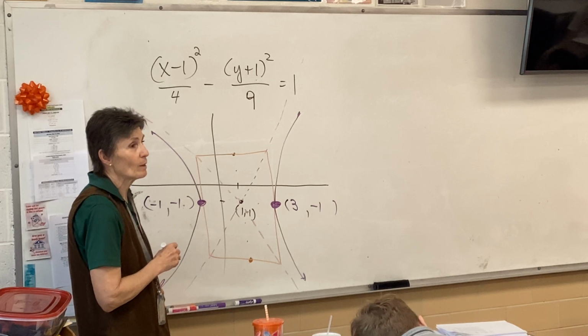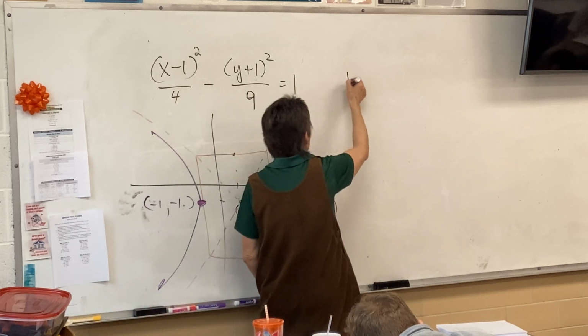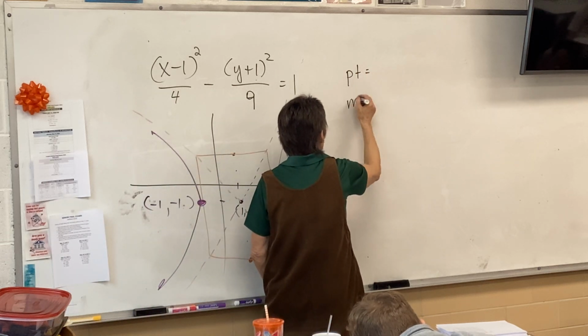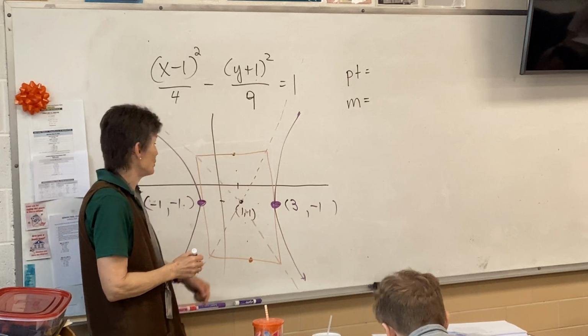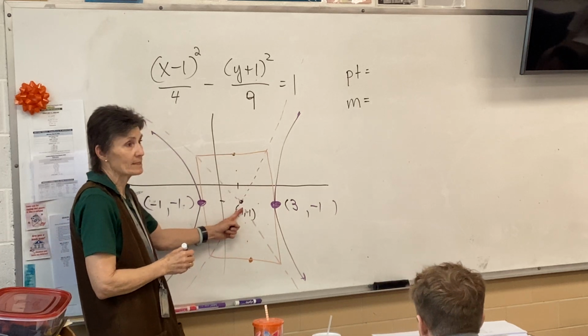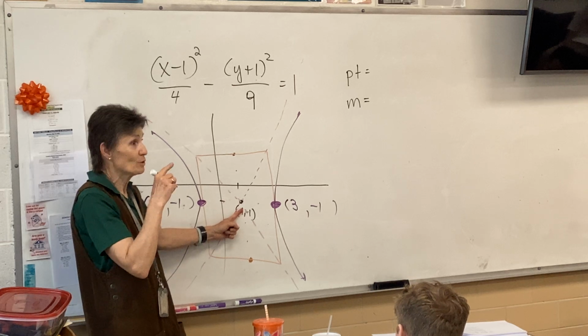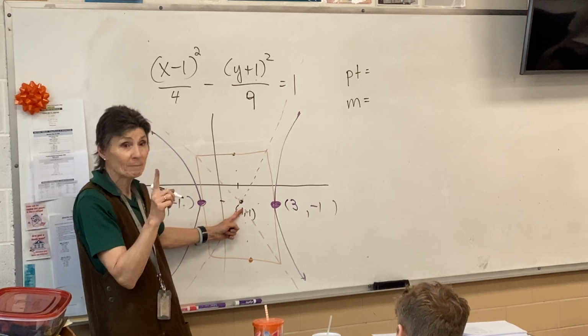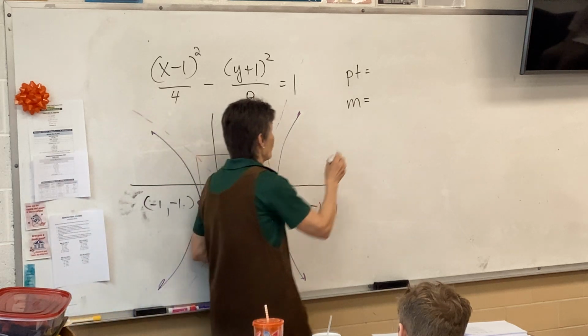Now I need to write the equation of my asymptotes. So I need a point and I need a slope. What point am I going to use? Always, I'm going to use my center, which could be the origin, but it isn't this time. The center is 1, negative 1.